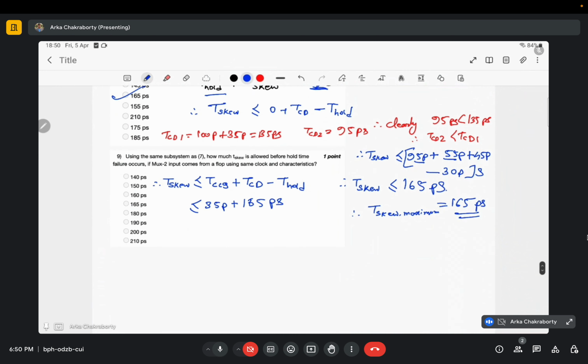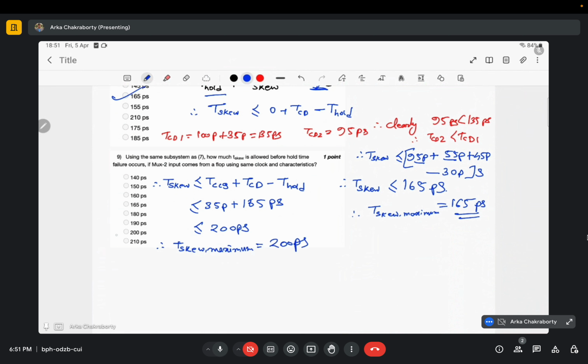We have already found it out. So it will be nothing but 200 picosecond. Therefore T skew maximum will be 200 picosecond. This is the correct answer.